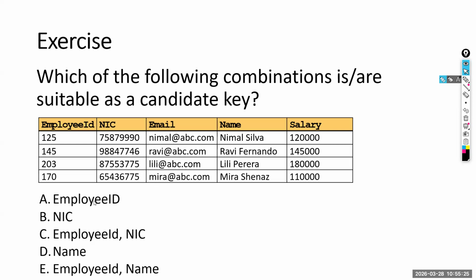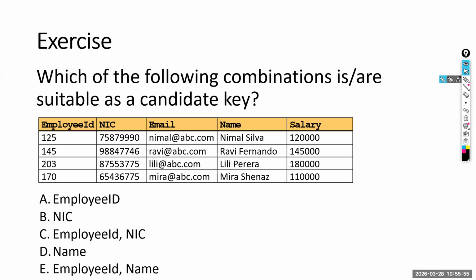Yes, employee ID is a possible candidate key. Right? NIC, yes, possible candidate key. Email, according to these data, possible candidate key. Let's assume no two people have the same email or share the same email. But not name, right? Of course, here you don't see any conflict, but in reality, there can be issues.